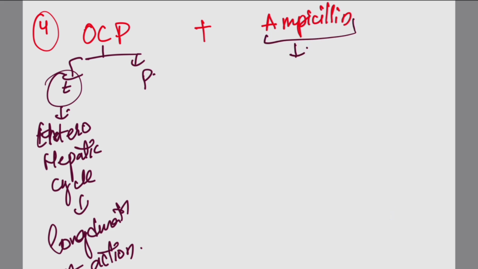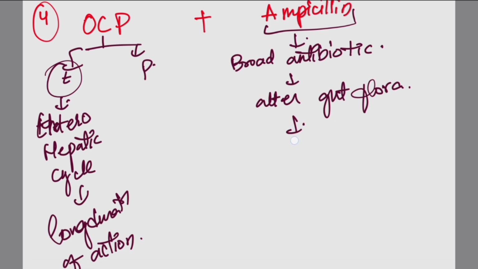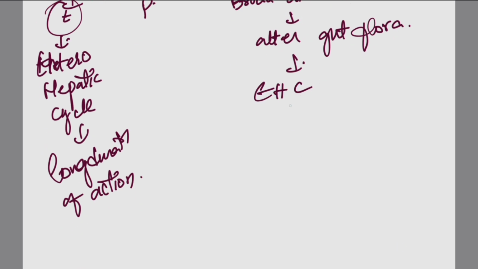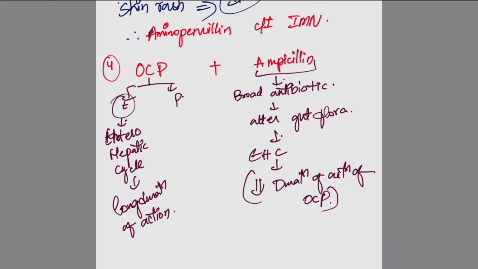Whereas ampicillin is a broad spectrum antibiotic, so it will alter the gut flora. Because of altering the gut flora, it will affect the enterohepatic cycle. Therefore, ampicillin will cause a decreased duration of action of the OCPs.